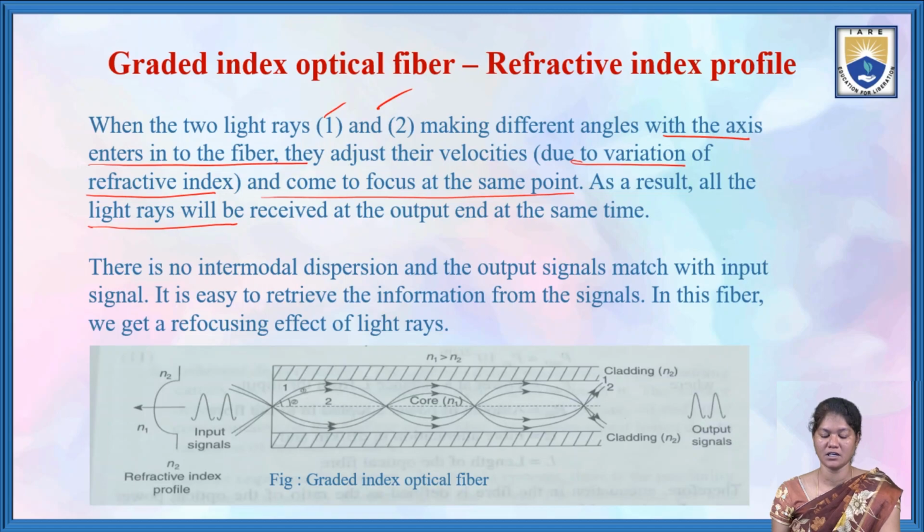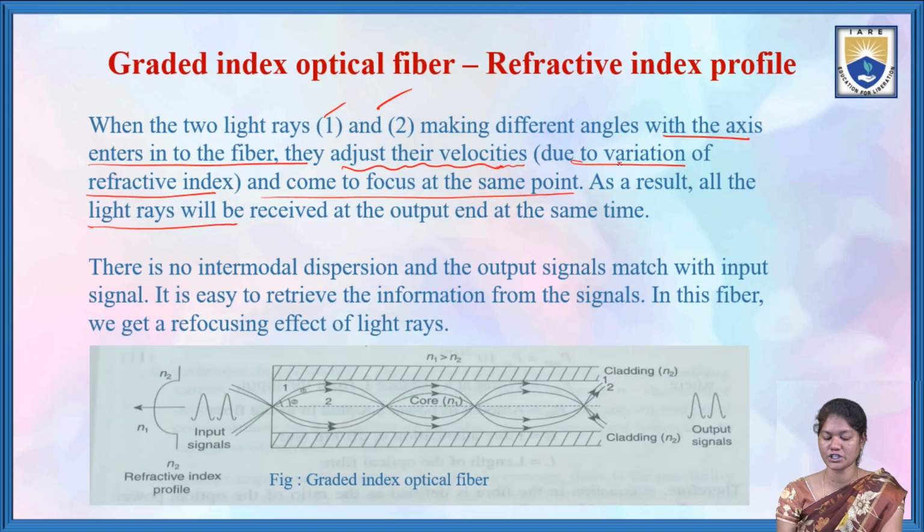But here, when we take light ray 1 and light ray 2 with different angles with the fiber axis, they adjust their velocities. How can they adjust their velocities? Because it is made up with different refractive index.